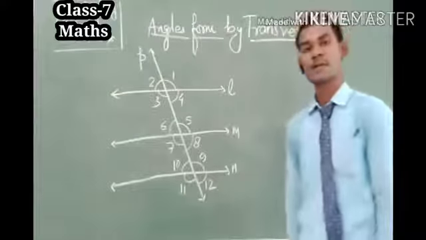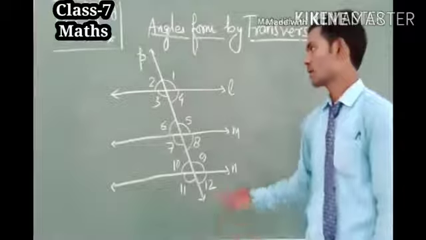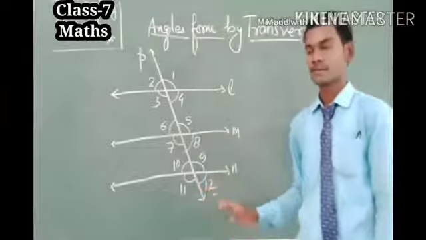There are 12 angles formed when a line intersects three given lines.